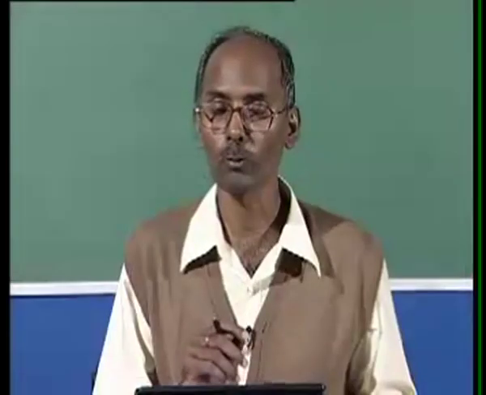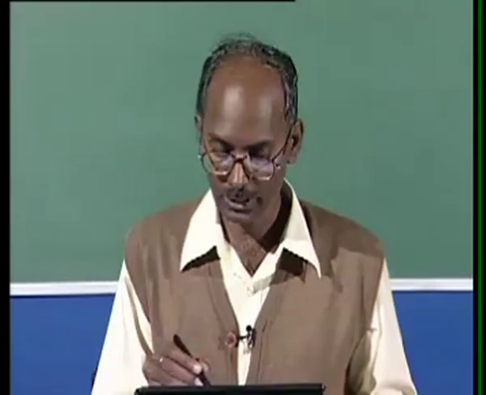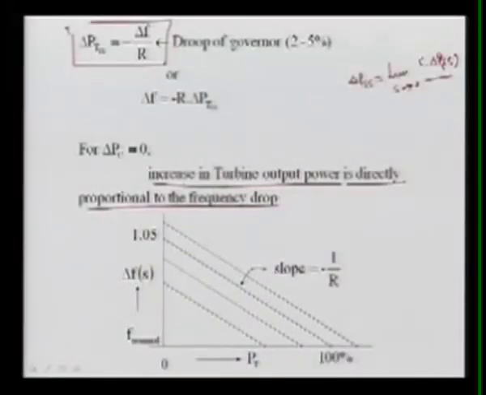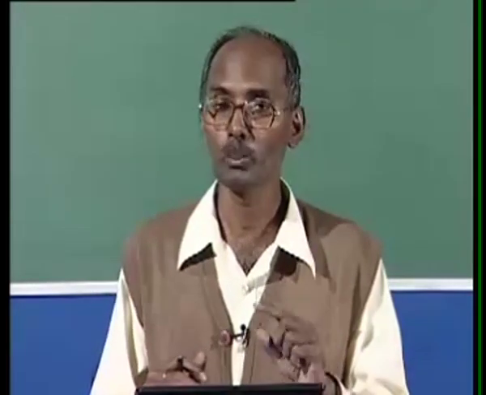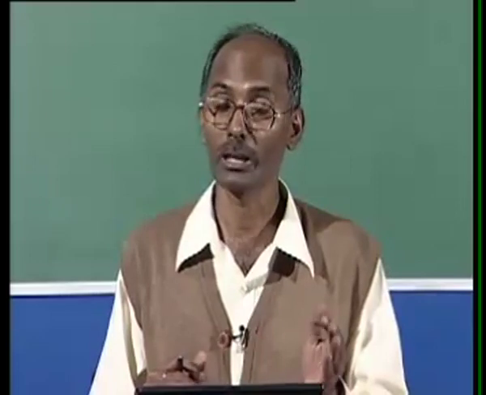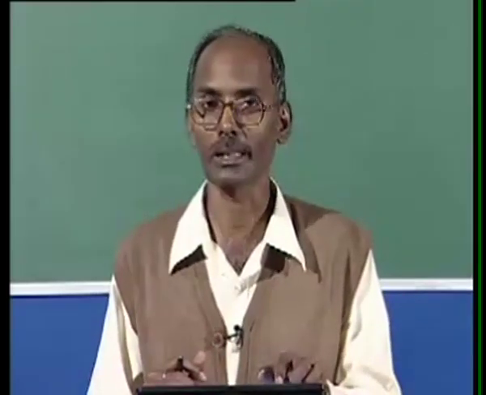What I want to say is, why is it a drop? Here I am talking about an increase, here a drop, because the term we are getting here is negative. It means if your frequency falls, the turbine output must increase to maintain the frequency, as we know. We require that, and this is giving that characteristic.